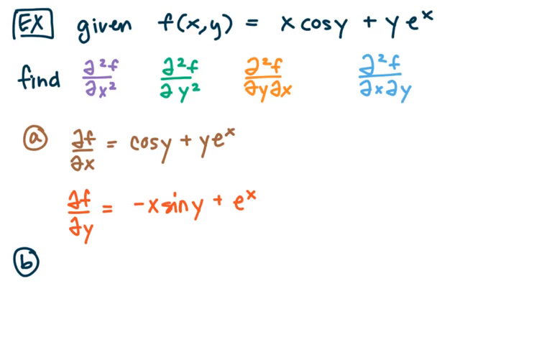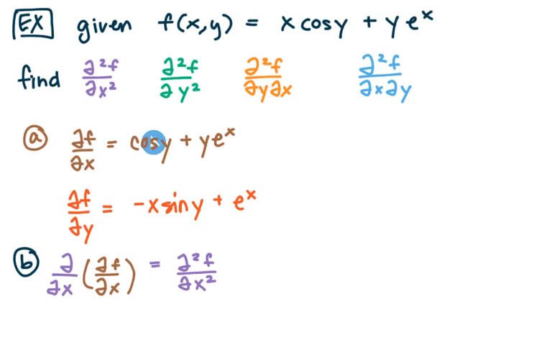So for B, the first thing I'm going to do is differentiate df dx with respect to x. And so what that gives me is d2f over partial x squared. Right, so that's what I'll be finding.